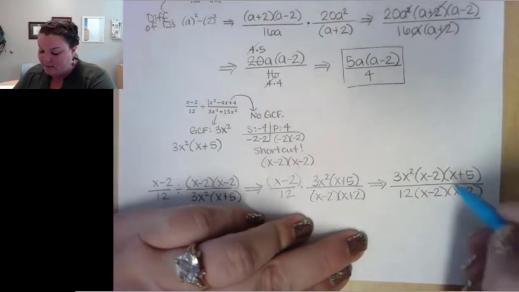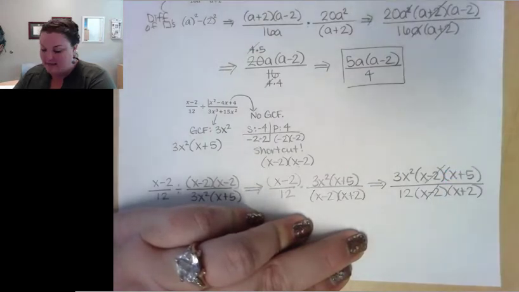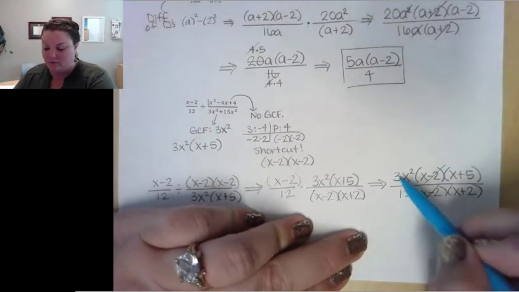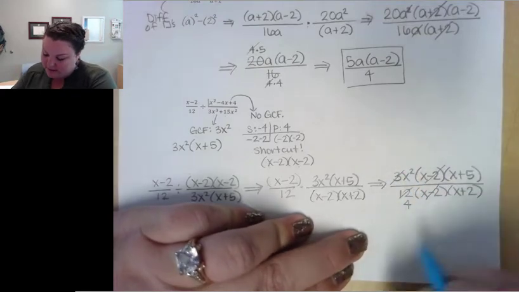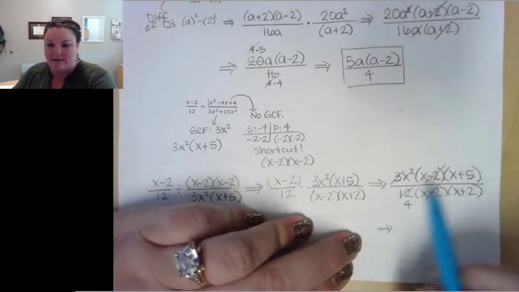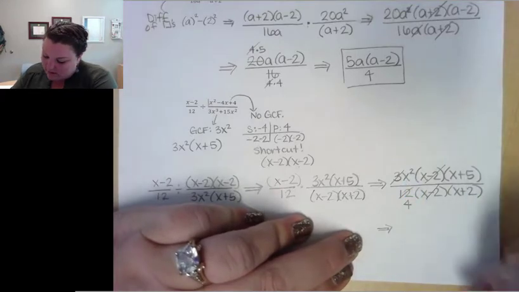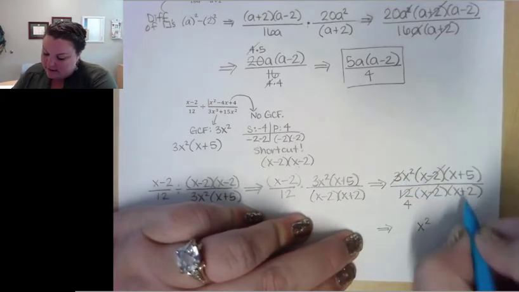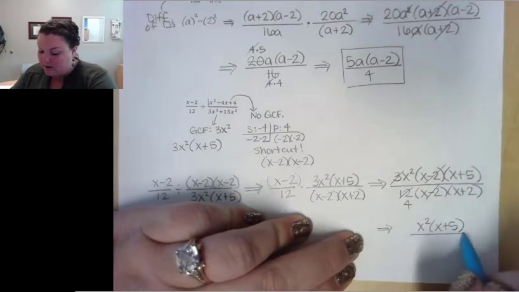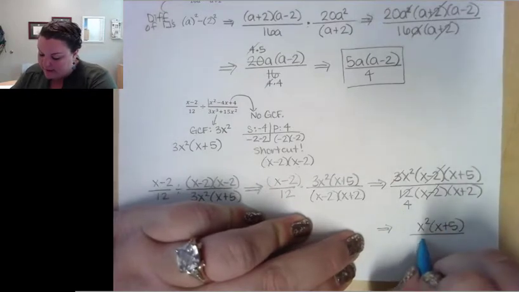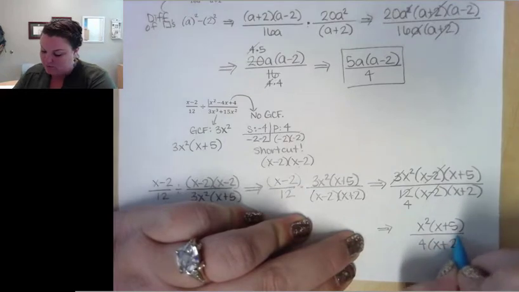So I have my x minus 2 quantities, and then I have my 3 and my 12, right? 3 goes into 12 4 times. So what that leaves me with on top is I still have an x squared, okay? And I have the quantity x plus 5. And on bottom now I have the 4 and I have the x plus 2.